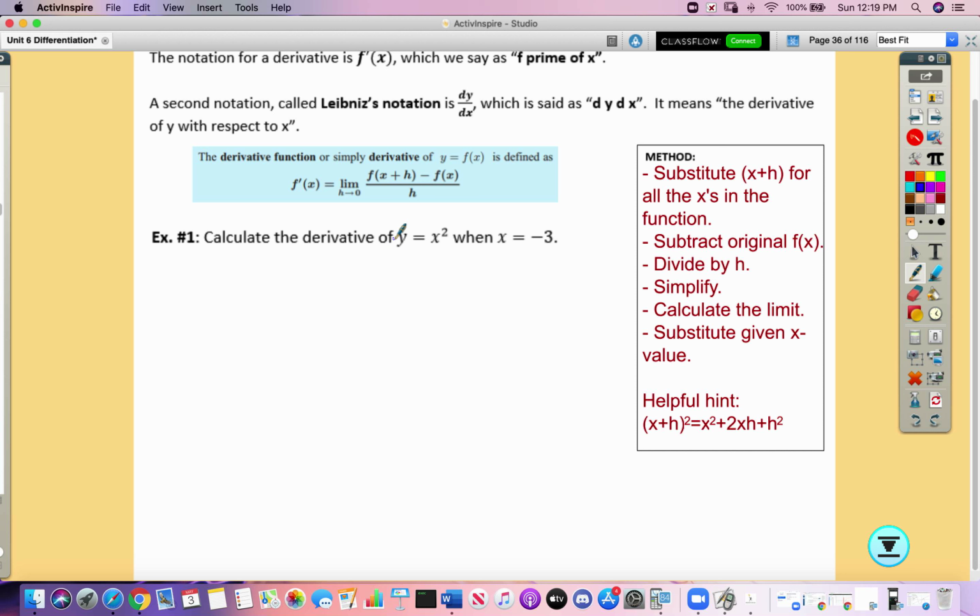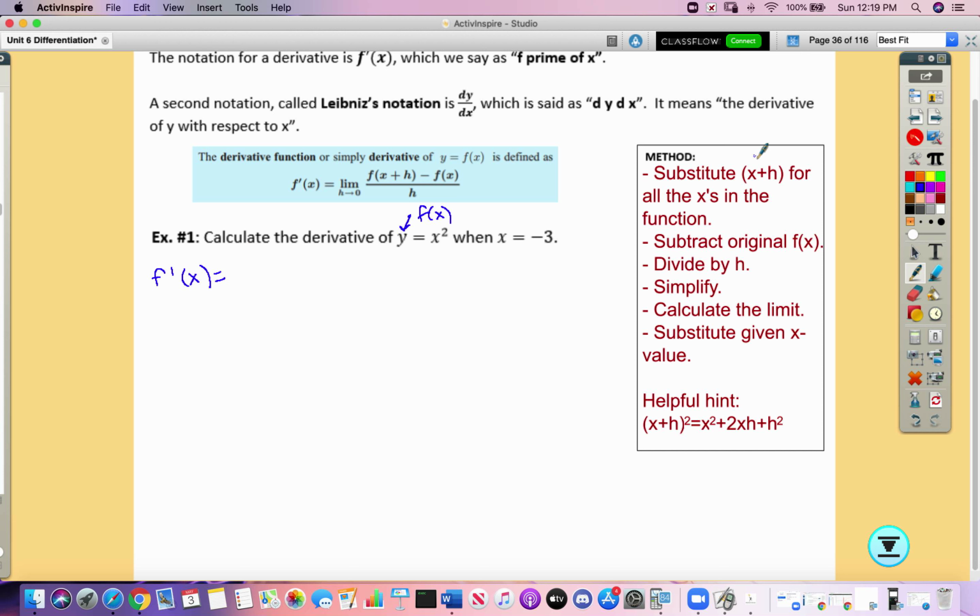So firstly, you do notice, of course, that we have a y, not an f of x. That's okay. y is the same as f of x. So this is our f of x. And I'm going to calculate f prime. So we're going to take the first derivative of this function.